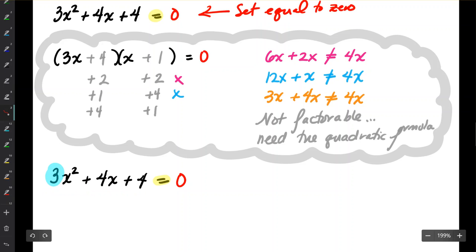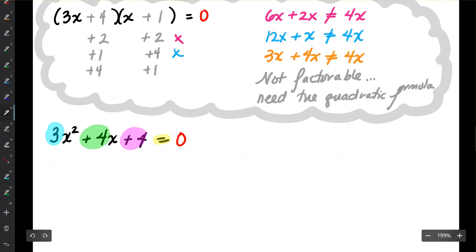Remember, order doesn't matter in addition. A specifically is tied to the x squared term. B is positive 4, tied to the x term, and C is also positive 4. Let's go ahead and write that. A is 3, B is positive 4, and C is also positive 4.